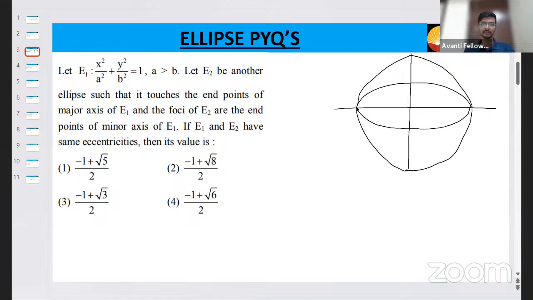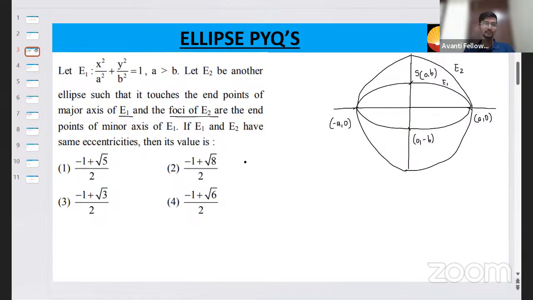So let's start marking the vertices. The inner one is E1 and the outer one is E2. So these are the vertices of E1: minus a comma 0, a comma 0. And it is said that it touches the end points of major axis of E1, and the foci of E2 are the end points of minus... that is, these are the foci of E2, whose coordinates are 0 comma b and 0 comma minus b.